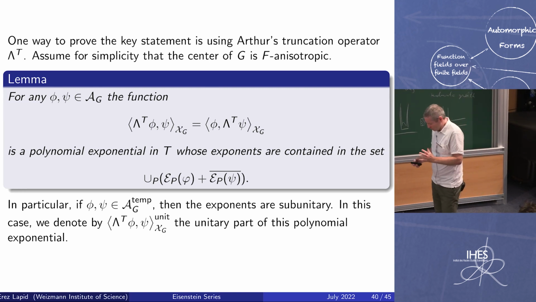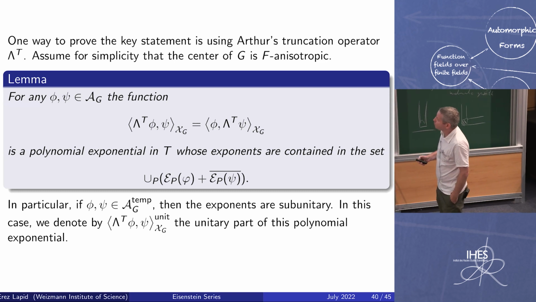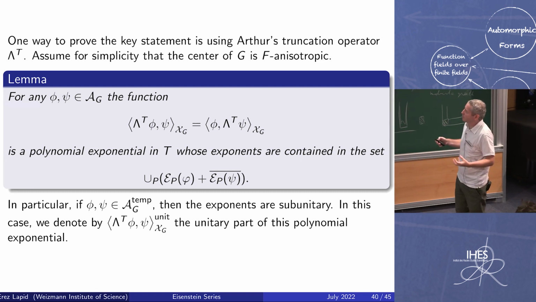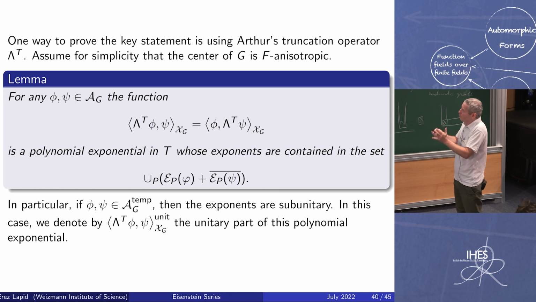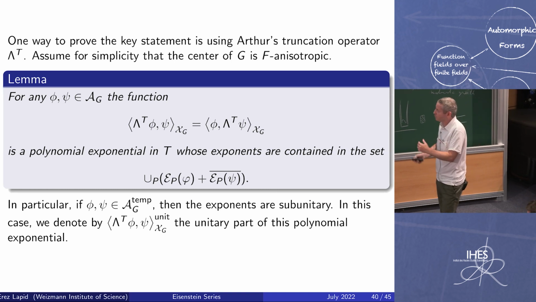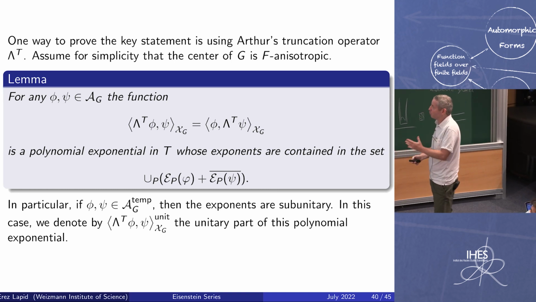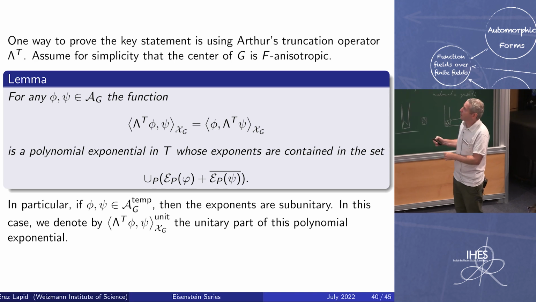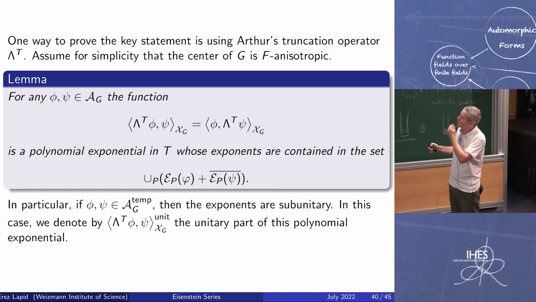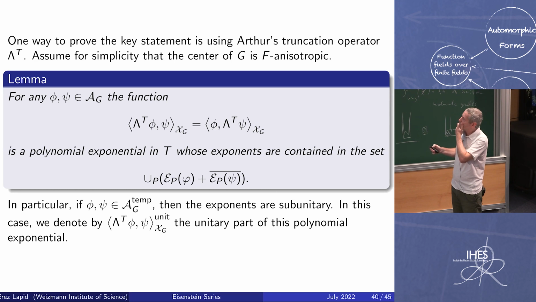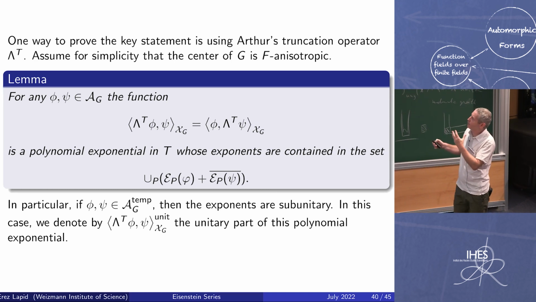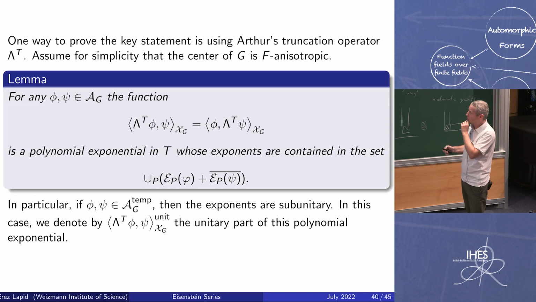So the Arthur truncation is some gadget which I will not define, but it's some way to regularize, let's say, integrals, if nothing else. And in particular, what you can get from the truncation is some polynomial exponential. So T is, again, a parameter in this space A0.